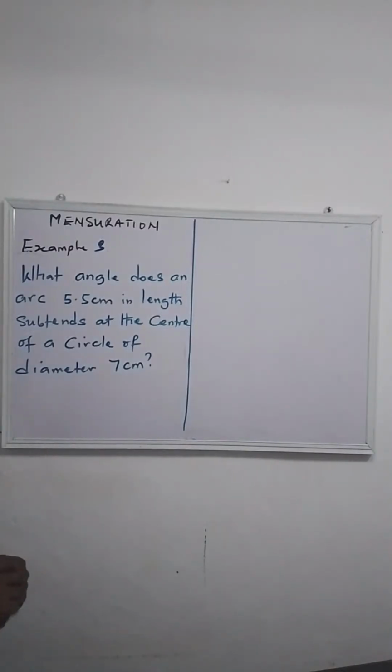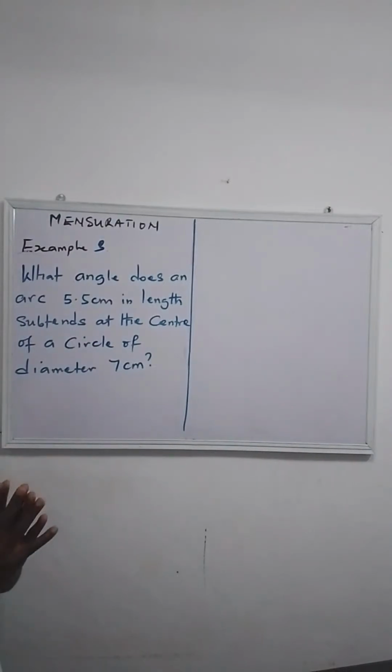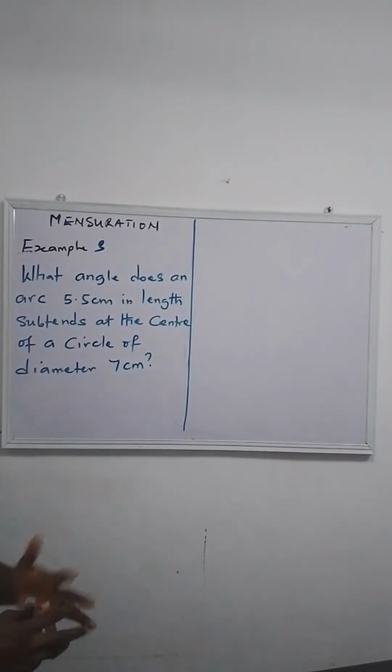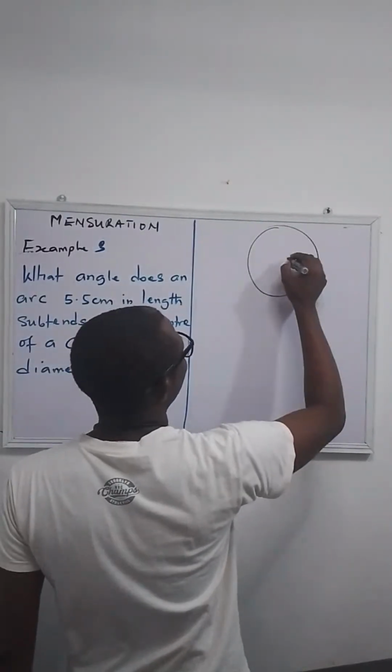What angle does an arc 5.5 centimeter in length subtend at the center of the circle of diameter 7 centimeter? Now, what is the question talking about? It's asking about the angle subtended by an arc. Now let's look at the circle. We have a circle of this form.